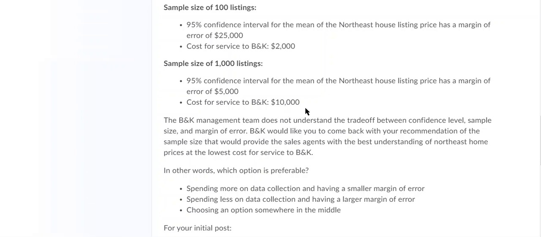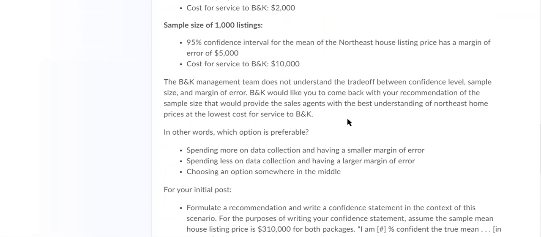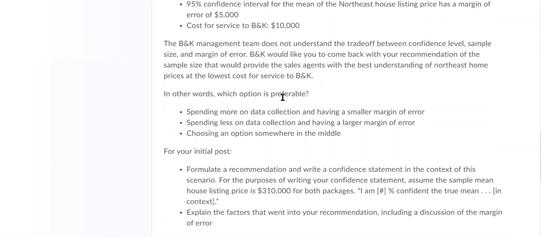The B&K management team does not understand the trade-off between the confidence level, sample size, and margin of error. B&K would like to come back with our recommendation of the sample size that would provide the sales agent with the best understanding of Northeast home prices at the lowest price for service to B&K. In other words, which option is preferable? Spending more on data collection and having a smaller margin of error?